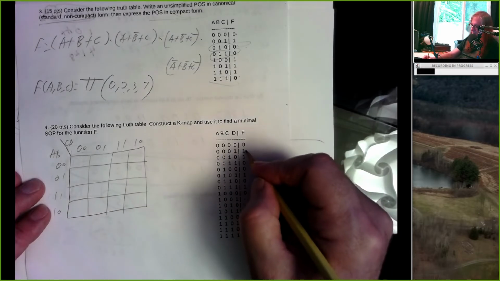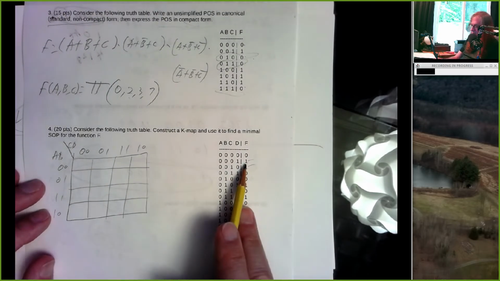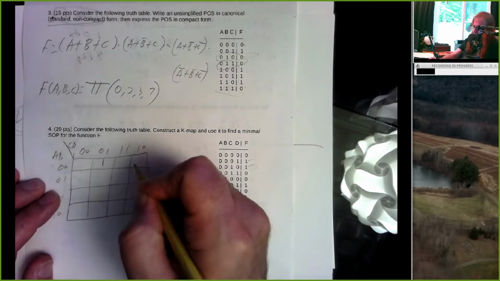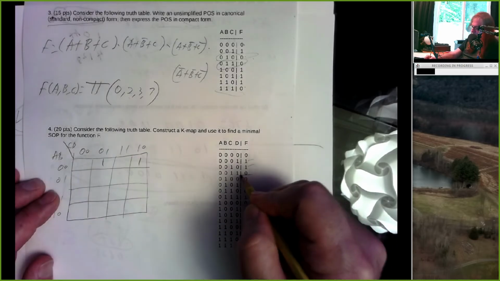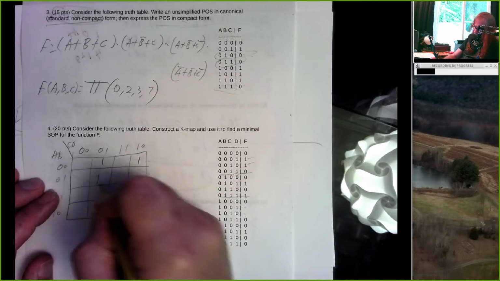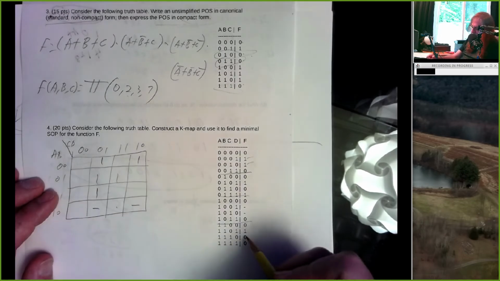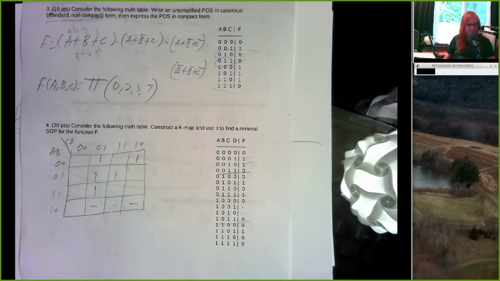And then I recommend just filling in the 1s, not the 0s, because it makes it easier to visually see what's going on. So I'm just going to write in the 1s. So there's your ones and don't cares.